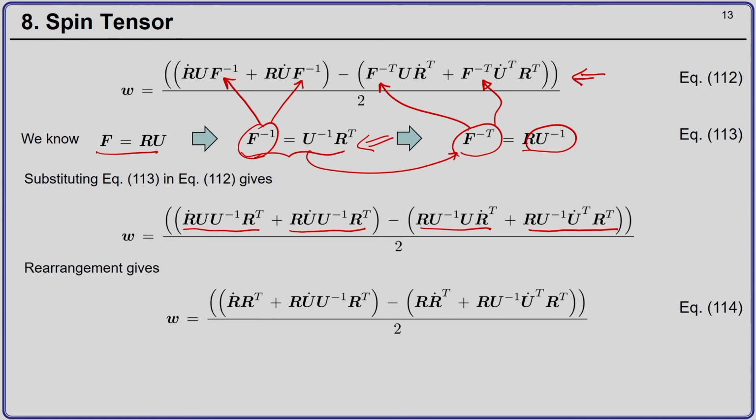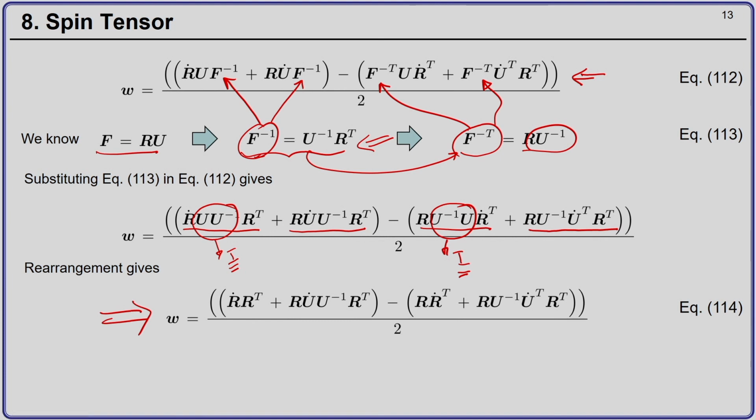U U inverse is nothing but identity. So, U U inverse here is nothing but identity. And then if I put identity, I will get equation 114.